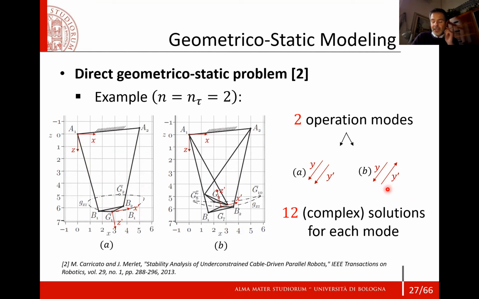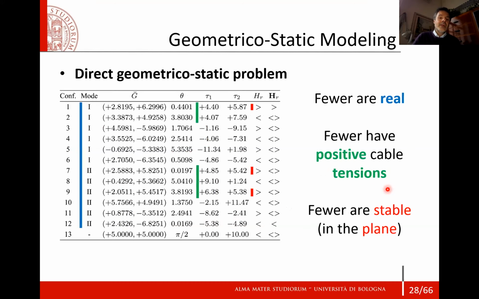And we proved that the geometrico-static problem I mentioned before admits 12 solutions in the complex field for each mode, for a total of 24 possible equilibrium configurations where the system can lie.